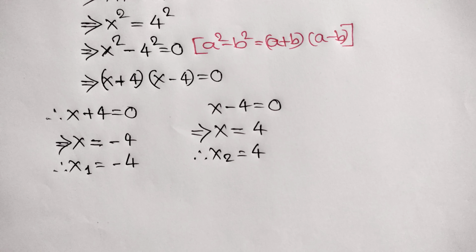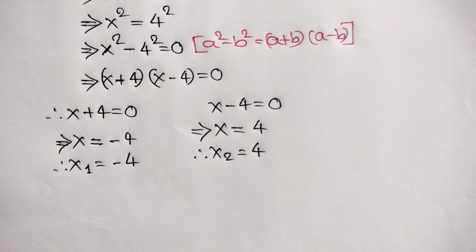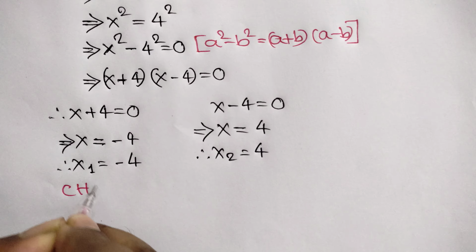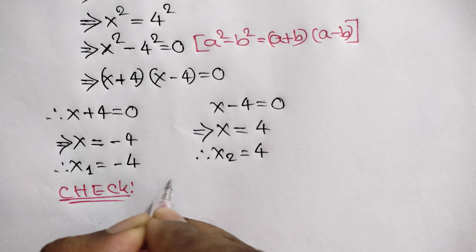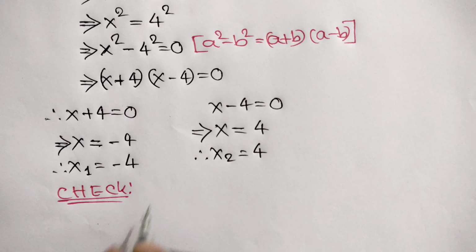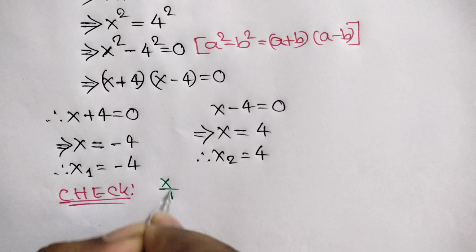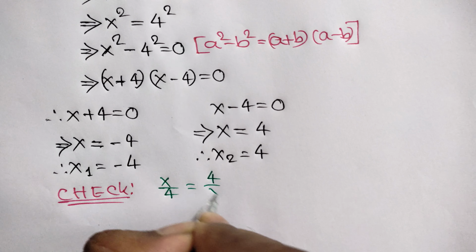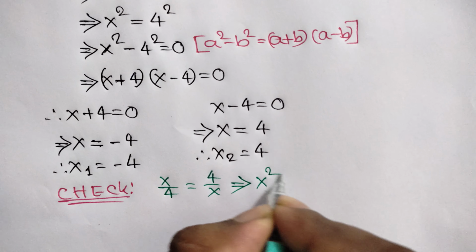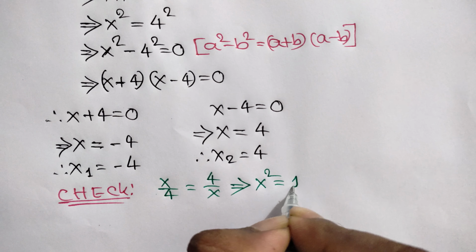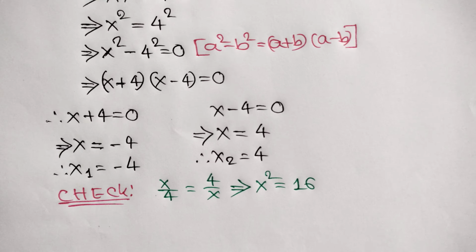Now check. Our question is x over 4 is equal to 4 over x, or we can write here x square is equal to 4 times 4 is 16.